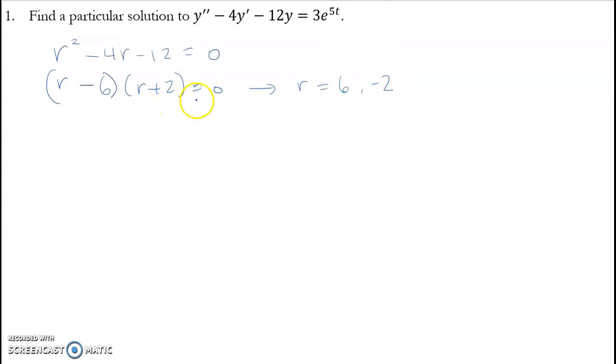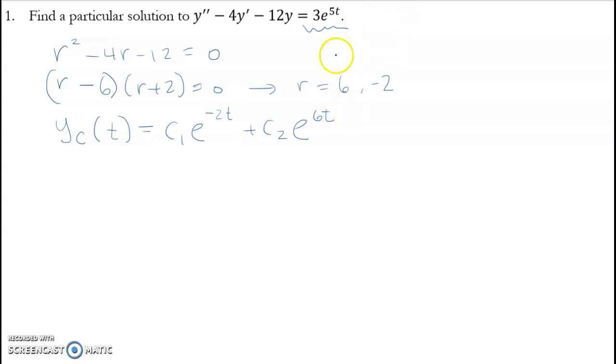So our complementary solution, which is the case where the other side is not equal to 0, is y_c of t equals c1 e to the power of negative 2t plus c2 e to the power of positive 6t.